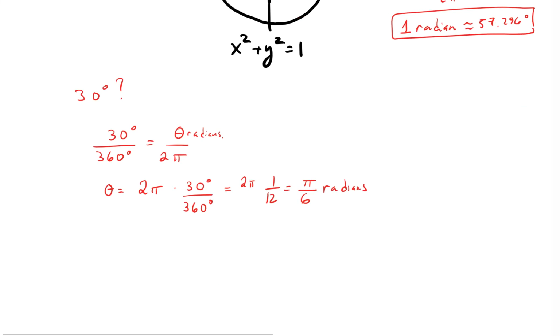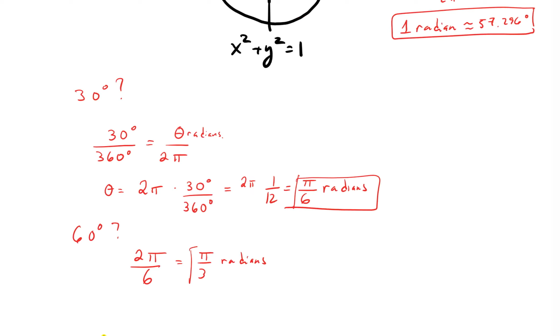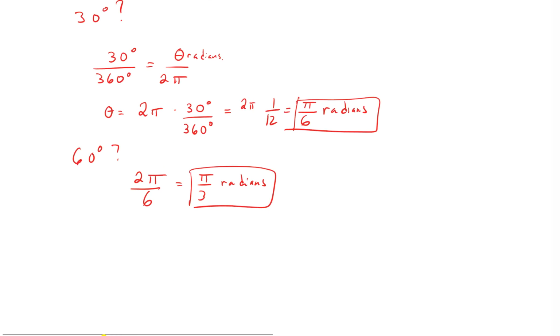If you want 60 degrees, well, it's going to be twice that value. So it's going to be 2 times pi over 6, because 30 degrees is pi over 6, then 60 is going to be twice that value. So it's going to be pi over 3 radians. We also know that 90 degrees, you could do two different things.